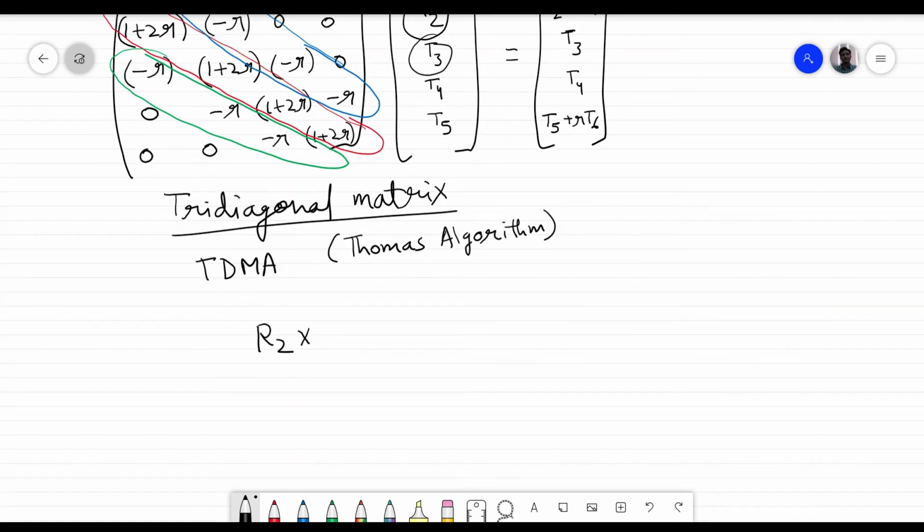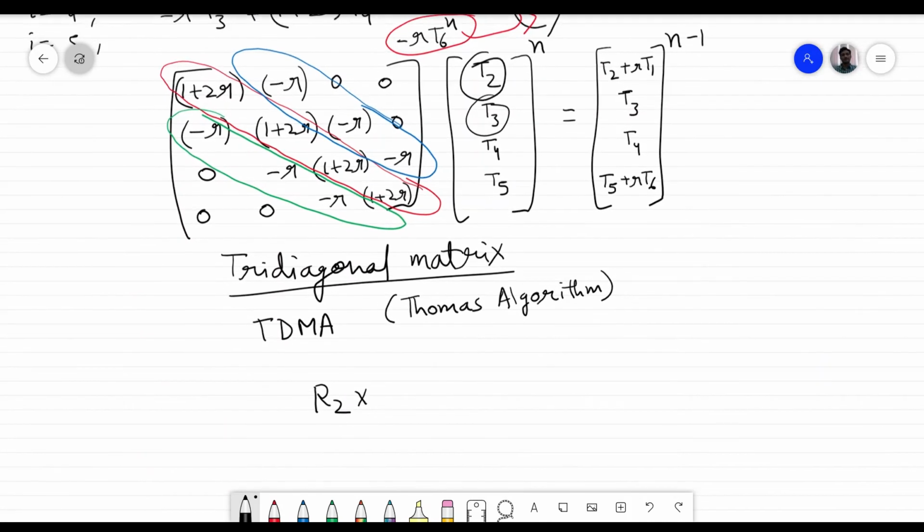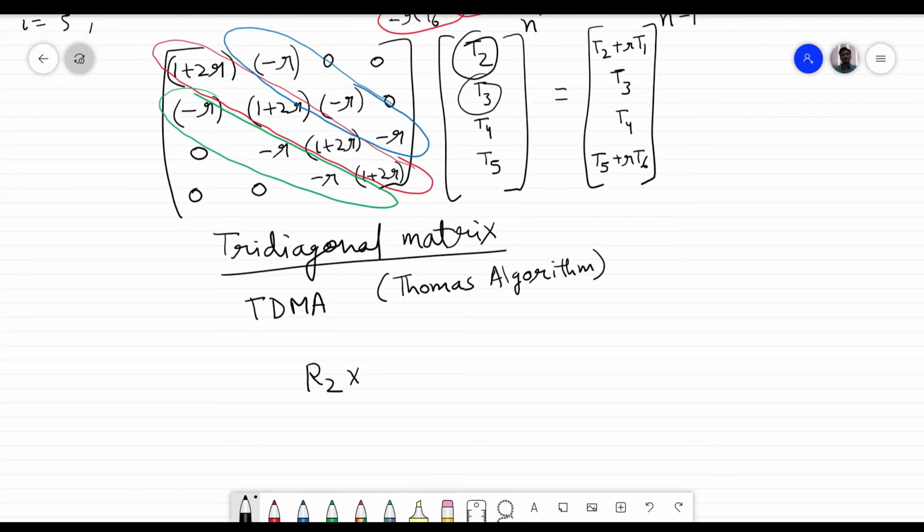So if you multiply row 2 by the first element of row 2, that is minus r, so let me write these differently.